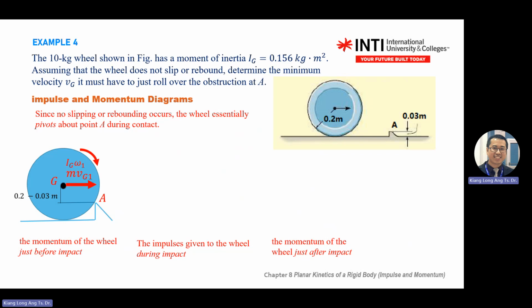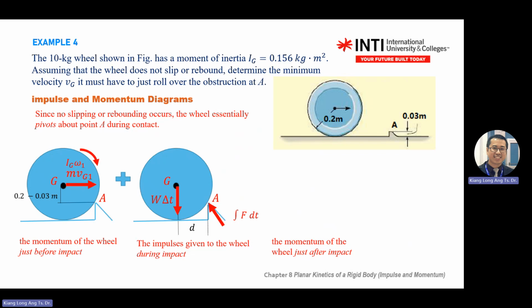Then the distance G to A is the 0.2 radius minus 0.1. You are interested in finding the distance over here. Plus the impulse given to the wheel during impact, meaning the wheel touching point A. When there is touching, the force is always at 90 degrees to the tangent of that surface, because it's a round surface.